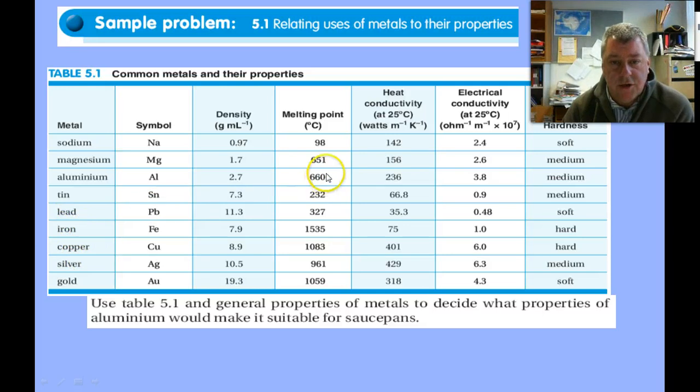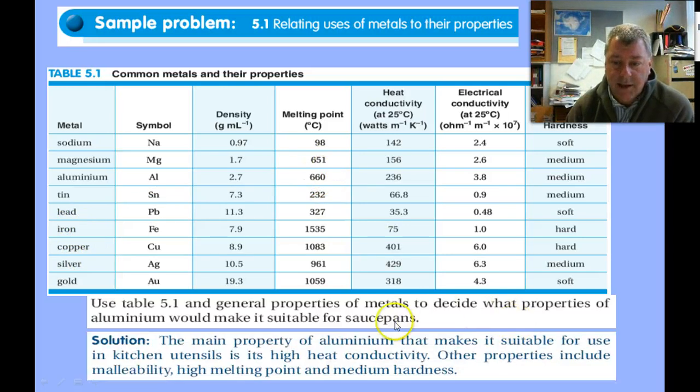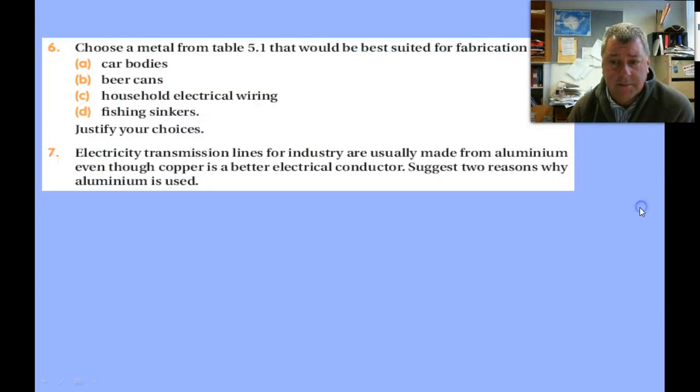The advantages of aluminium are that it's got a high heat conductivity, it's malleable, high melting point, and has medium hardness. So that's why you find pots and pans made out of aluminium. It suits the needs. And mainly also it was relatively cheap to make nowadays.